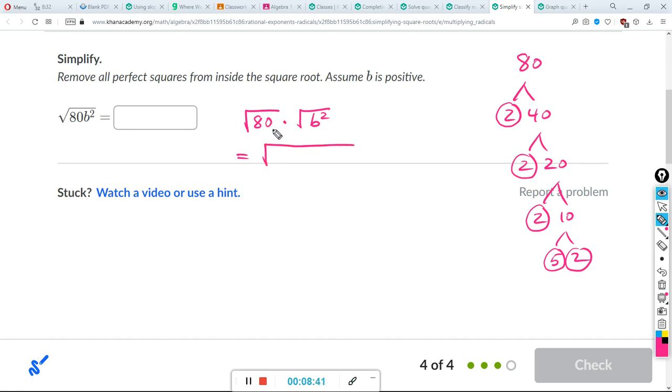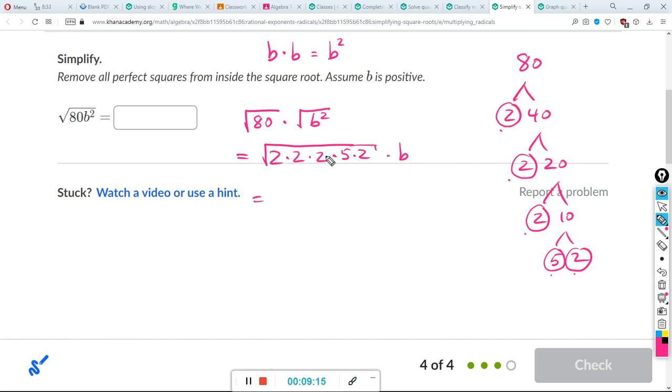In place of the square root of 80, 2 times 2 times 2 times 5 times 2. Square root of b squared, that's easy, because we know that b times b is b squared. So the square root of b squared is just going to be b.